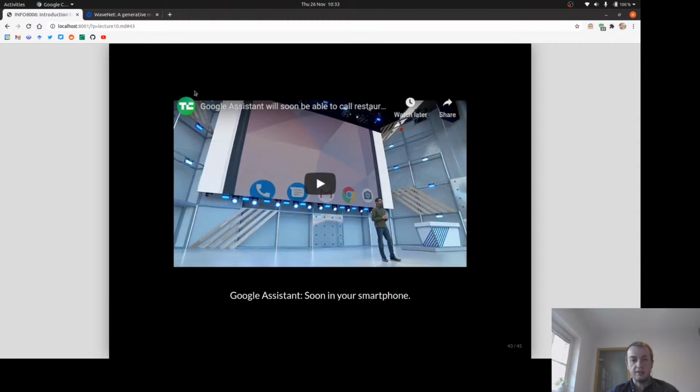Right, and then the last example for today is this one, which combines not only speech synthesis, but it's a whole system which is basically able to have a conversation with someone else. And so what you will see here is a demonstration of Google Assistant, which is from 2 years ago, but I still think it's quite impressive.